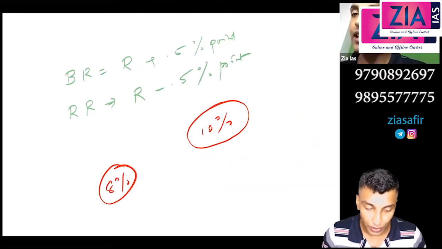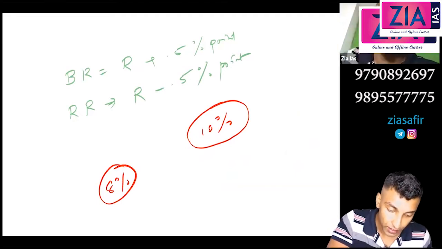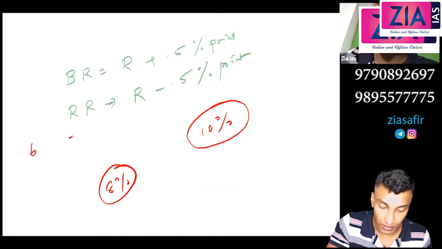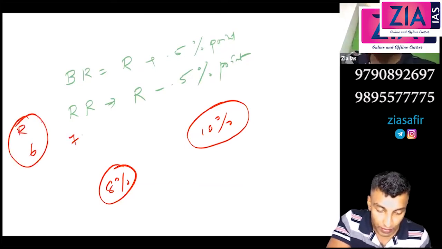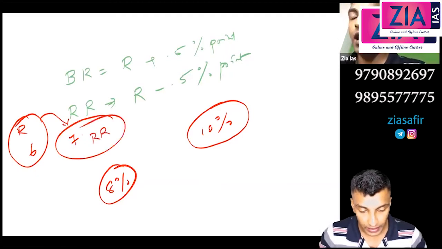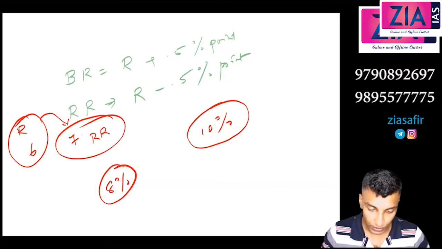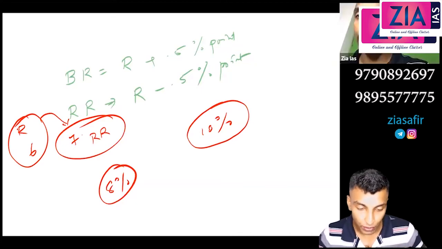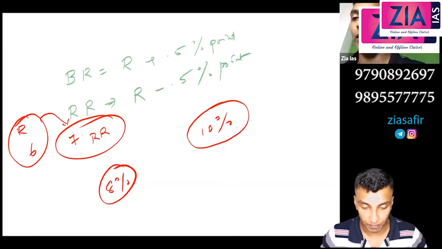That's exactly what is going to happen if repo is, let's say, 6% and reverse repo is 7%. You will borrow at repo and you will deposit at 7% through reverse repo. Ankita, is that clear? Yes, sir. Okay. So that is the reason why reverse repo is less than repo. If it is less, then this will not happen.